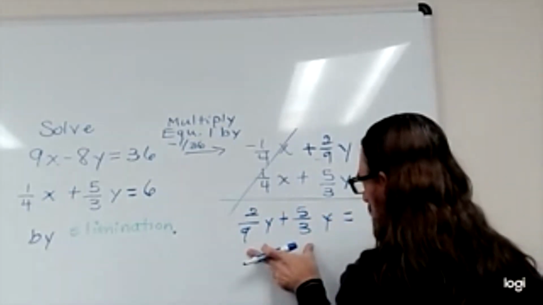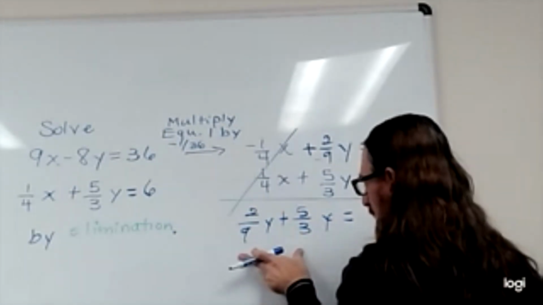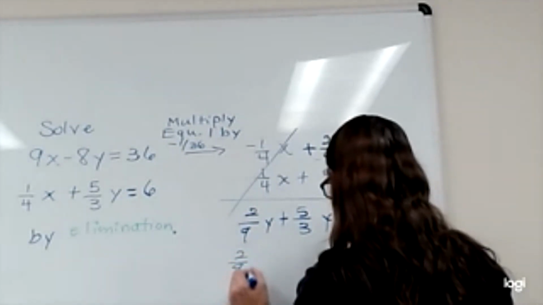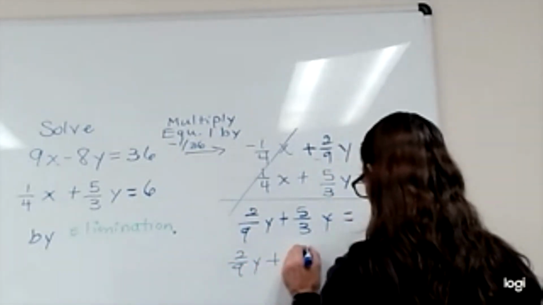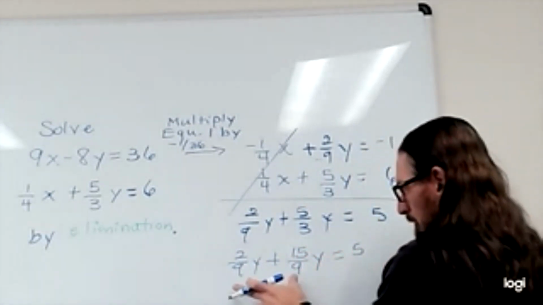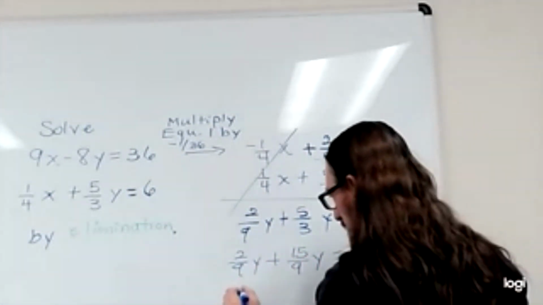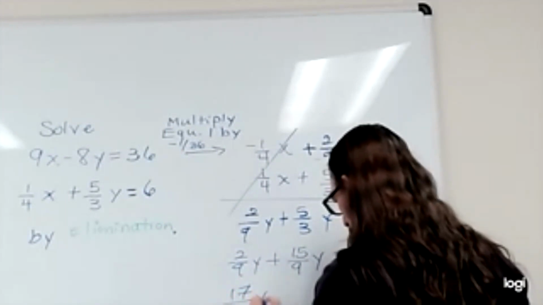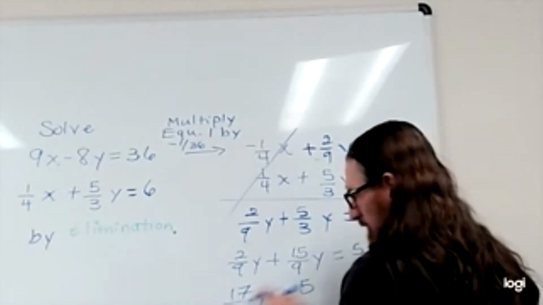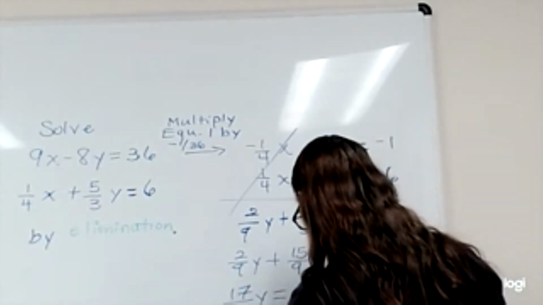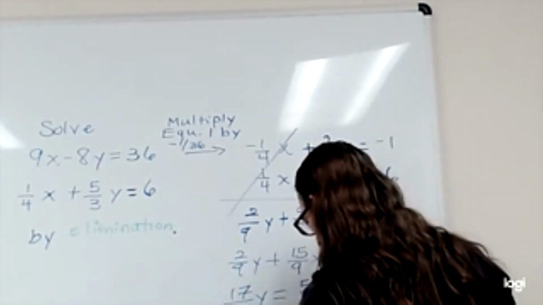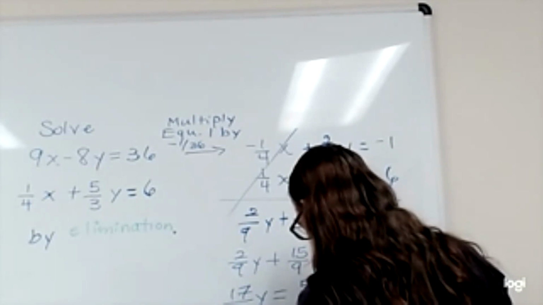Okay, common denominator, 9. So I'll multiply top and bottom by 3 here. That adds up to 17/9 as our coefficient of y. Multiply both sides by 9/17. And that gives us that y equals 45/17.